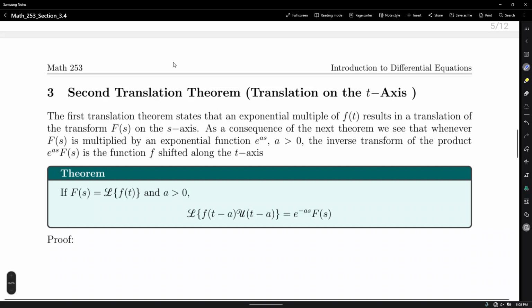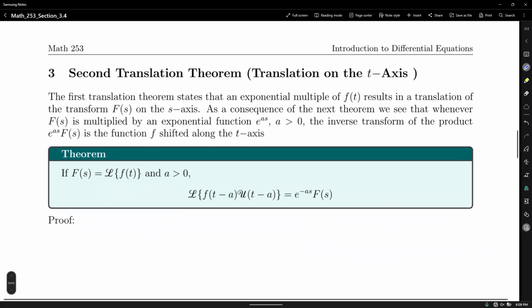With this second translation theorem, not for the direct transform but for the inverse transform, we will find the inverse of some function of s to obtain back a function of t. And that is where we're going to do the translation on the t-axis. You'll see how that's going to work. Okay, guys. So number one, that's actually what this text is. I just summarized it, right?